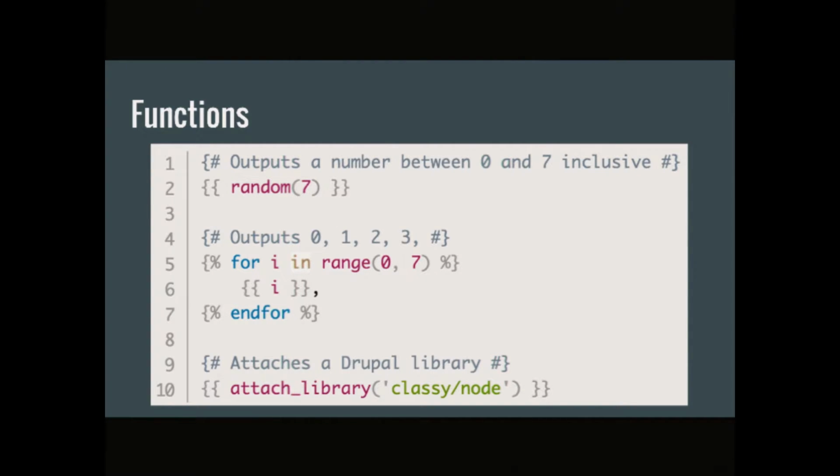So actually, this won't render anything directly in that section of the template, but instead, you can add CSS or JavaScript libraries to the, let's say, to the node if you are using this code in a node template.